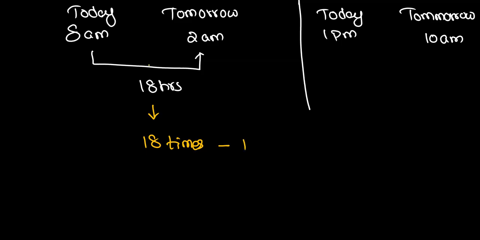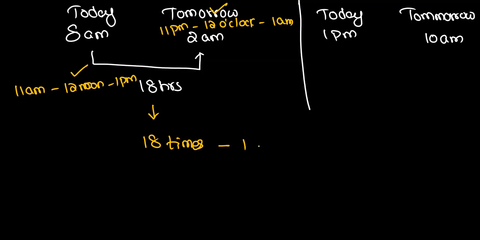Minus 1 because here 11 a.m., 12 noon, then 1 p.m., later 11 p.m., 12 o'clock early morning, then 1 a.m. Two times 12 o'clock is there, so you have to do 2 times minus 1, which is 16. Right. Whereas in the next question, 1 p.m. to 10 a.m., how many hours?